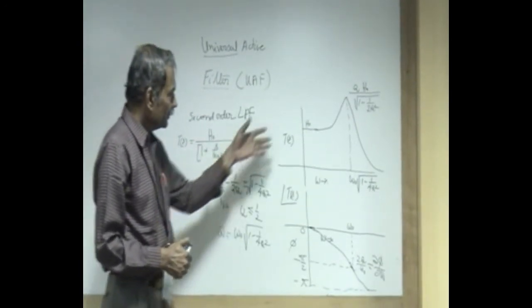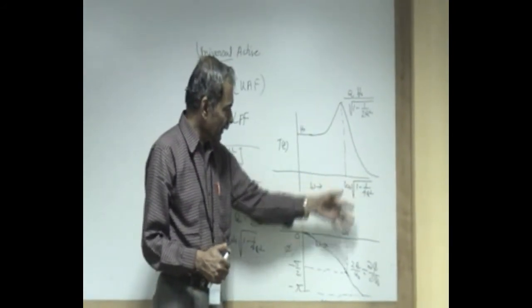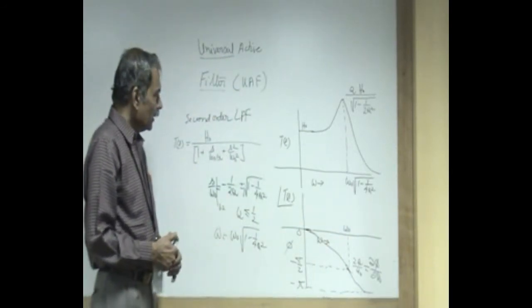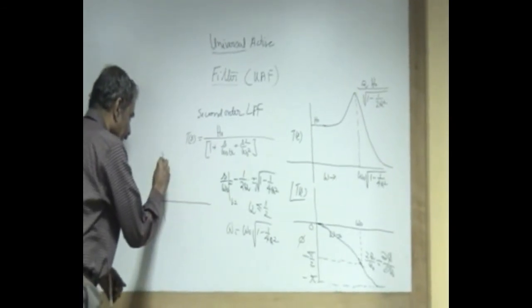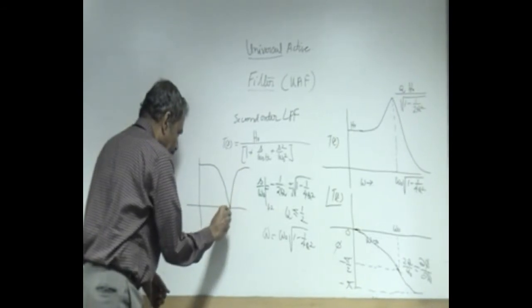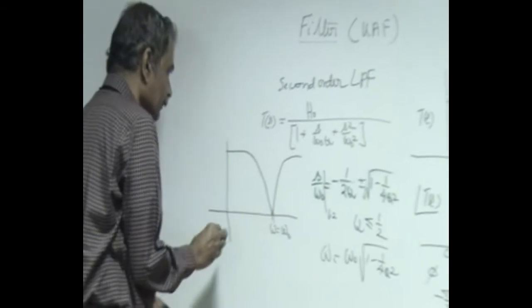It is necessary for you to apply a sine wave, obtain the frequency response, magnitude and phase characteristic, and observe this phenomenon. And for a notch filter, the magnitude response will look exactly like this, and this notch occurs at omega equal to omega naught.